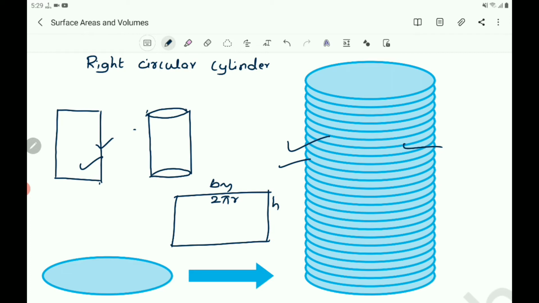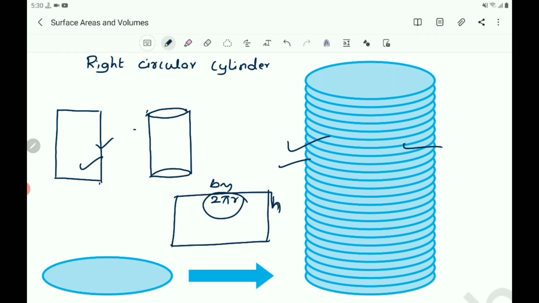The area of the sheet gives the curved surface area of the cylinder. The length of the sheet is equal to the circumference of the circular base, which is equal to 2 pi r. The height becomes the breadth of the rectangular paper and the length becomes the circumference of the circular base.